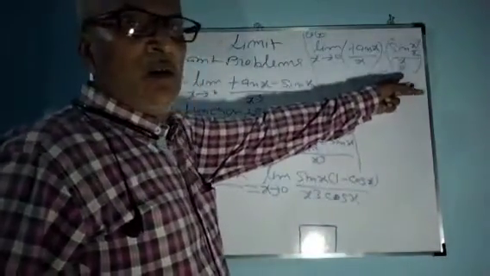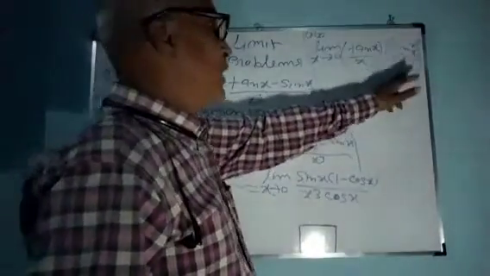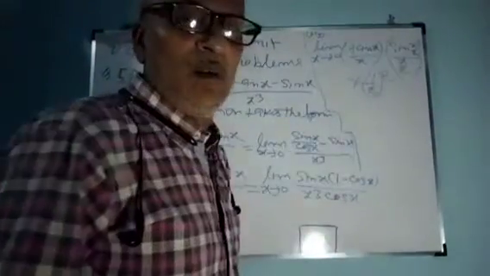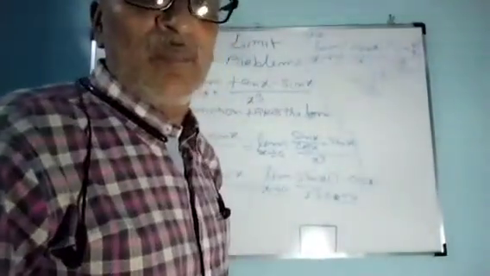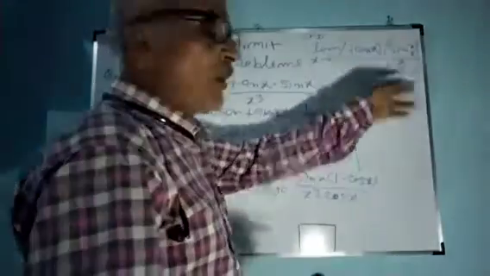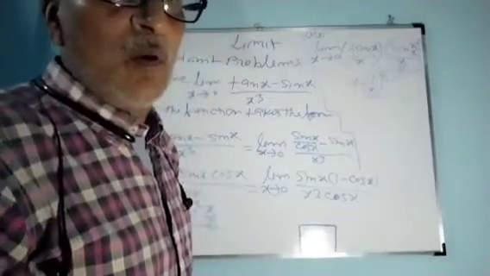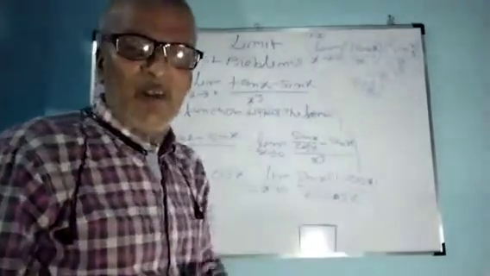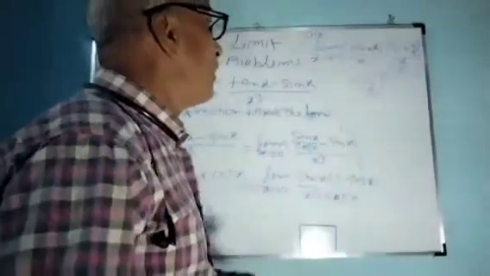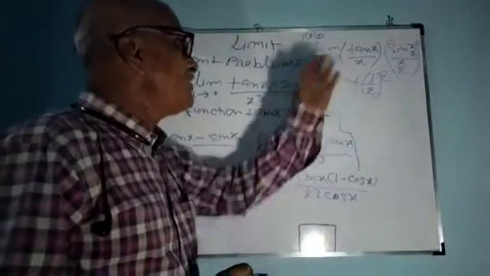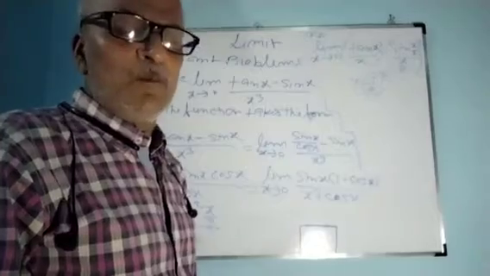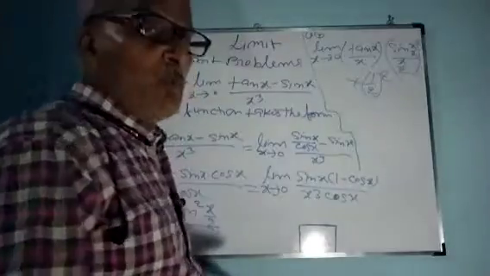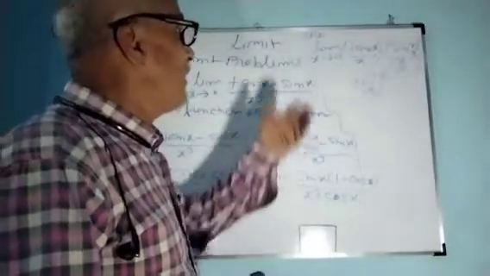Here we have divided by 1 by 2 square, so we multiply by 1 by 2 square also, so that no change takes place in the function, and we have arranged the function into the form of a trigonometric formula, and we will be able to use the formula directly.